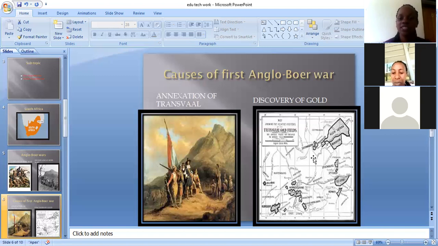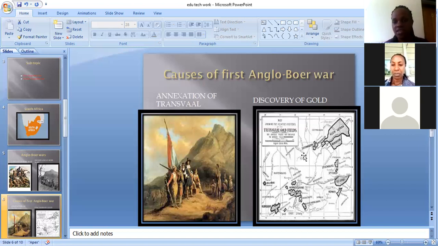So they were fighting each other to take control over the Transvaal region in order to gain economic development from the discovered treasures at that place. So the second point is the discovery of gold.